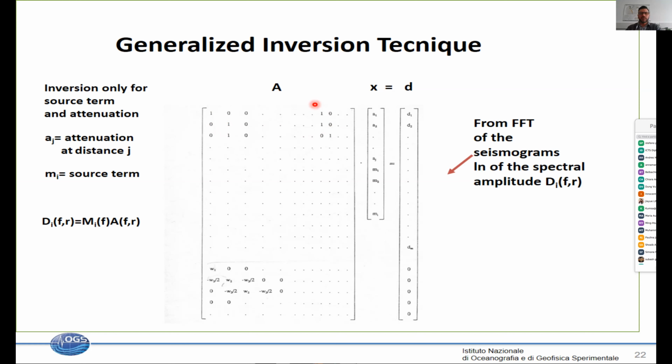So I will have a system with a matrix, with my data. I have to solve this system to obtain the unknowns. Unknowns are the attenuation for each bin of distance and the source term, source plus, let's say, side effects, if there are side effects at the station of the recording. So I can separate these two terms.